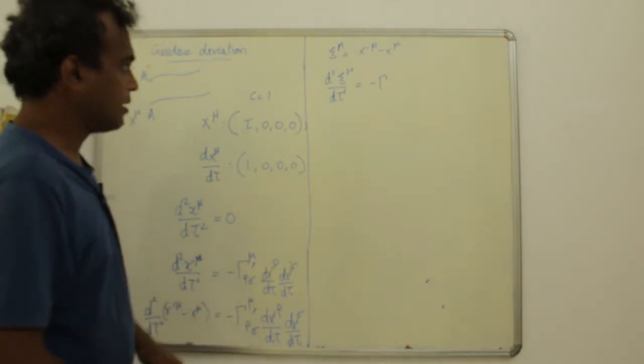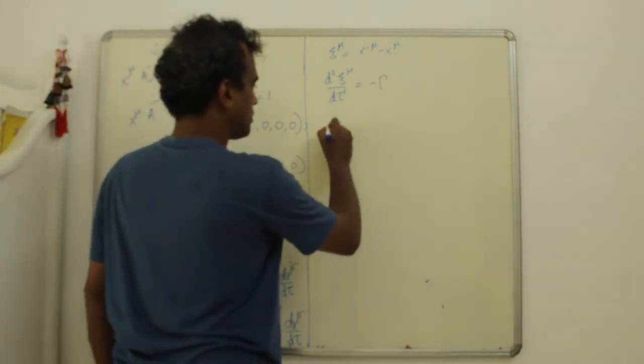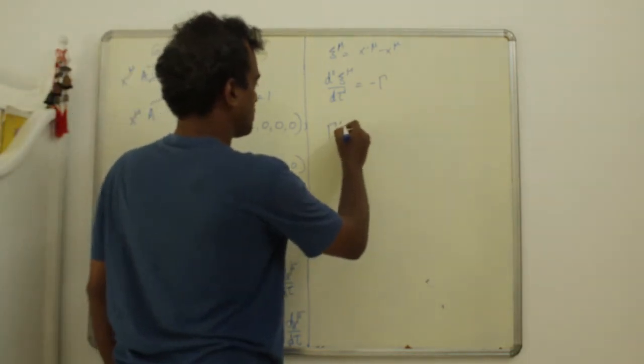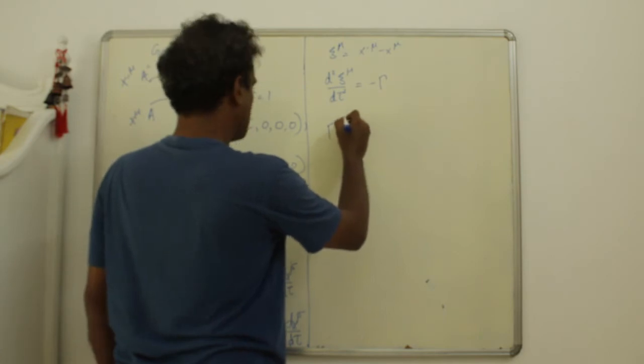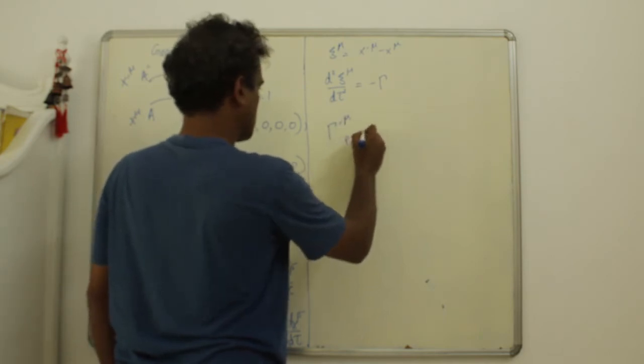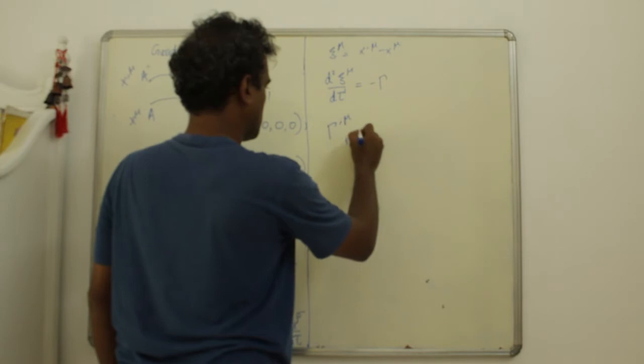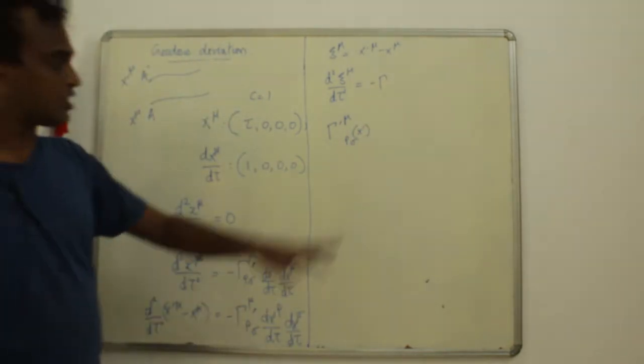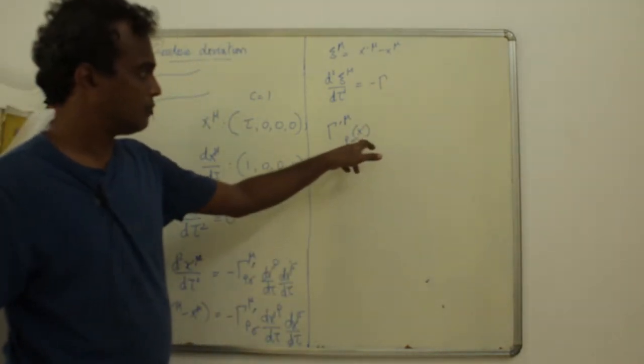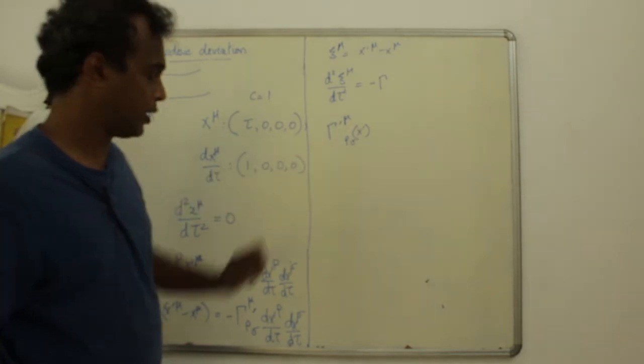Since gamma prime is the Christoffel symbol at point A prime, for now let me show it explicitly by writing it as a function of the coordinates x prime.